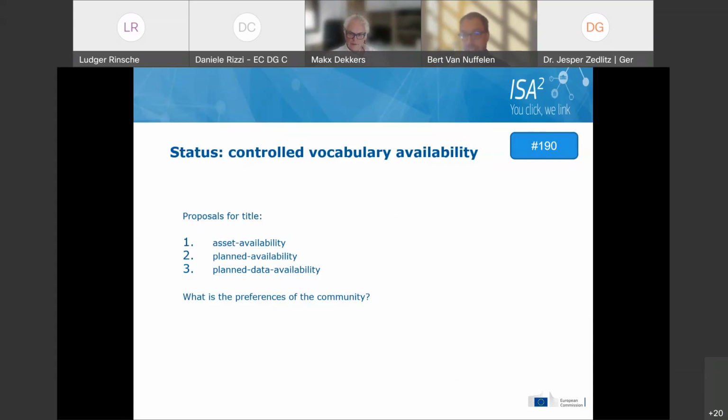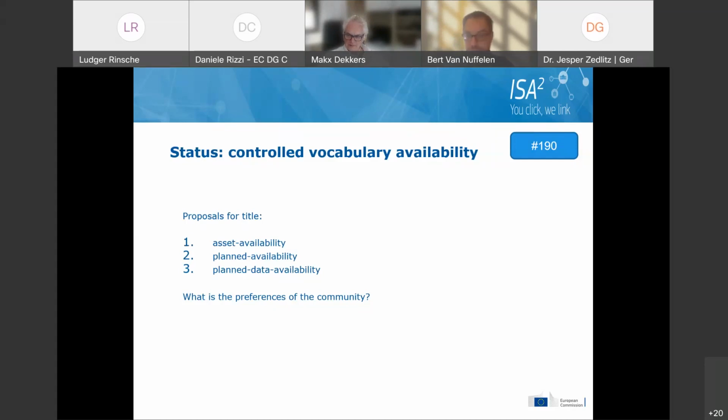We have 1 vote, 2 votes, 3 votes for number 2. And if you don't want to vote, you can put a minus or 0, since it's indefinite. 4 votes for 2, 5 votes for 2.